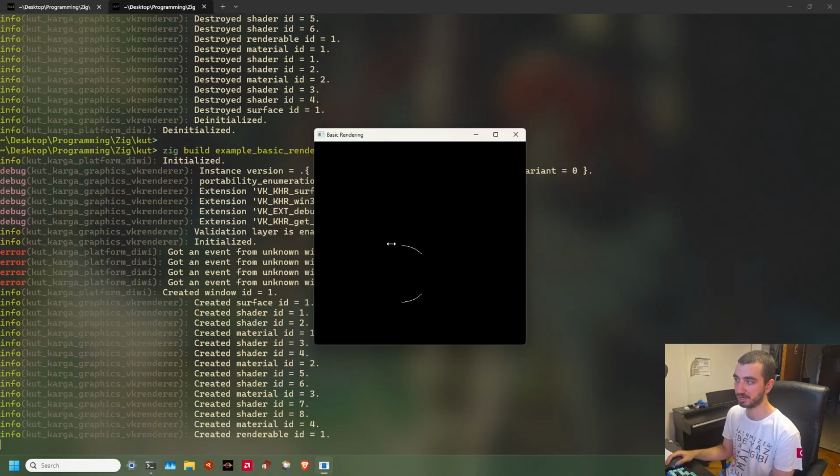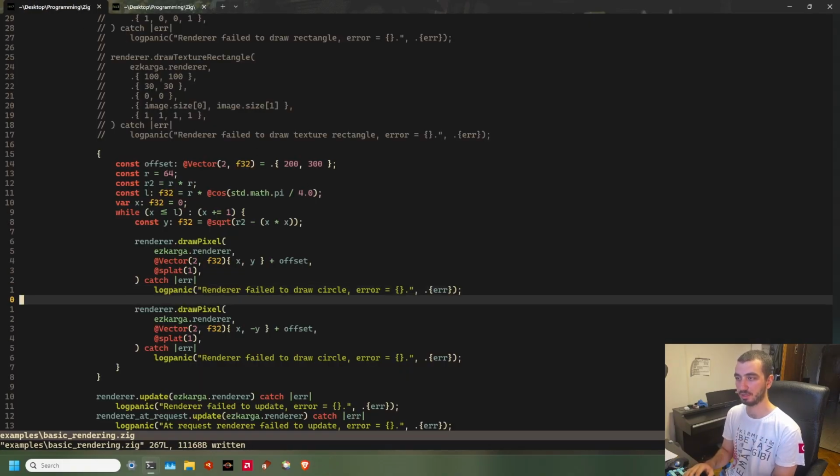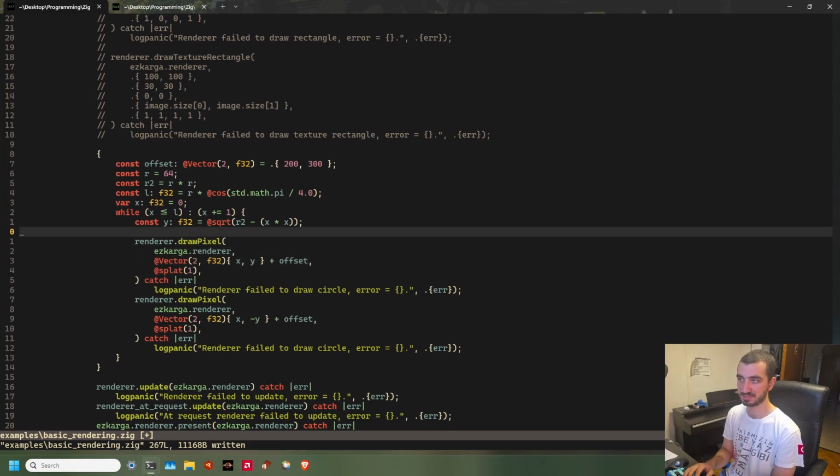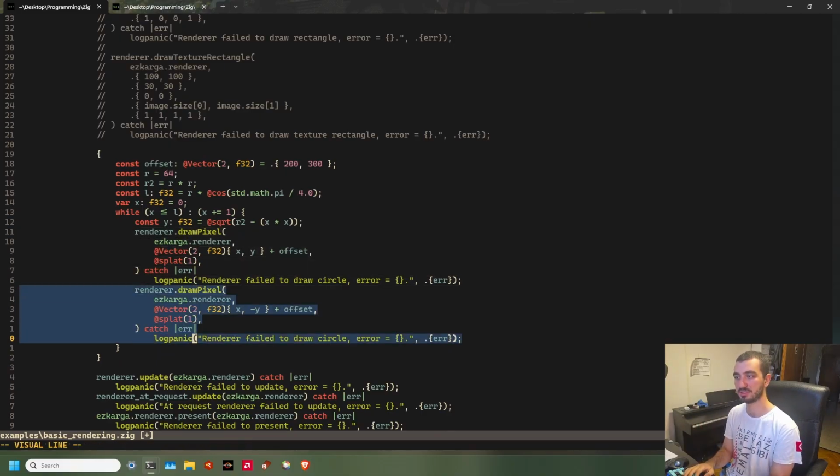So there needs to be one here, another one here, another one here, another one here, and another one here. So we need to mirror it basically 8 times. We need to draw 8 pixels per iteration. So this is that.